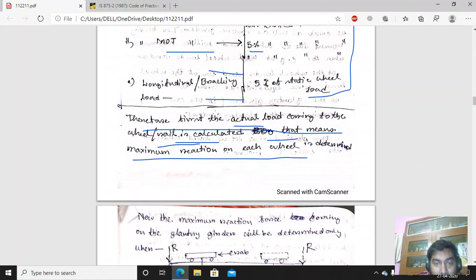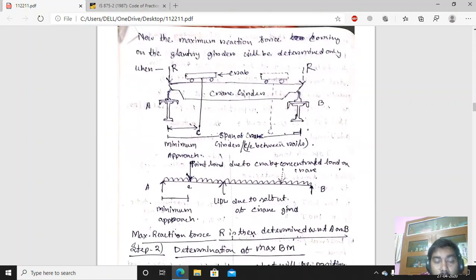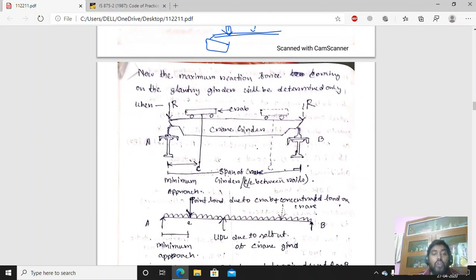That means if this is the rail and it is placed over a Gantry girder like that, the wheel load is there, so due to that a reaction force is coming. How much reaction force is coming, that we have to determine. So let us see. In this picture you can see the maximum reaction force.